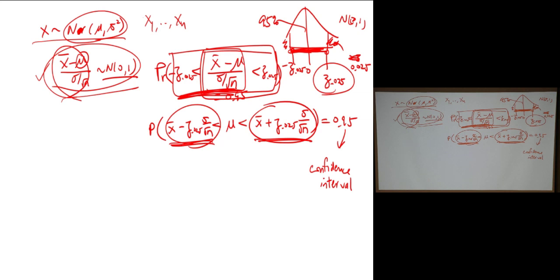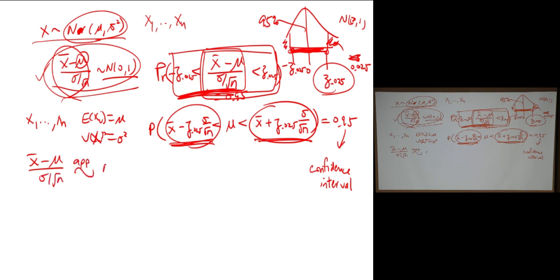I don't know the distribution of this random sample, but I know that the expectation of Xi is mu and the variance of Xi is sigma squared. Then x bar minus mu over sigma over root n will approximately follow a standard normal, so I can proceed to do the same job, and this will hold.